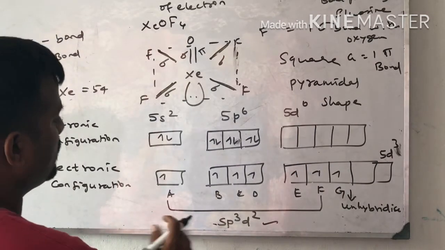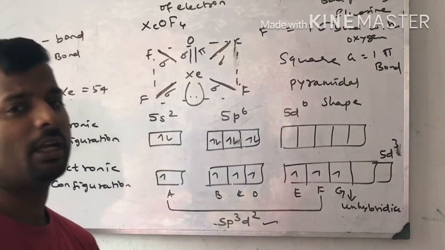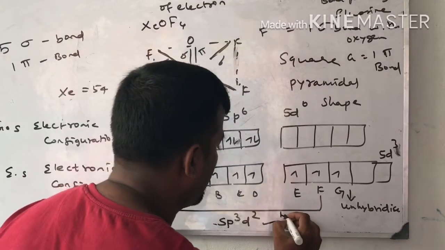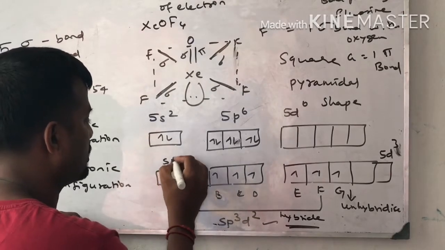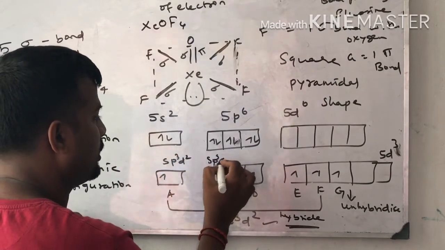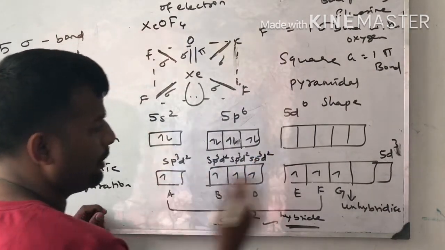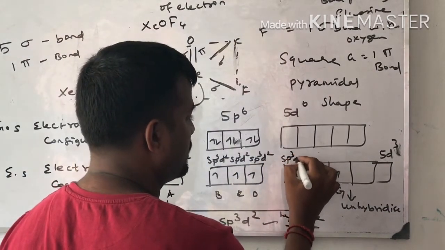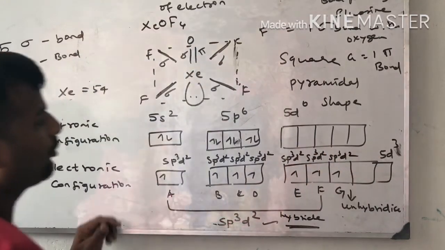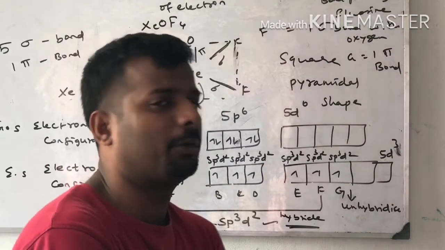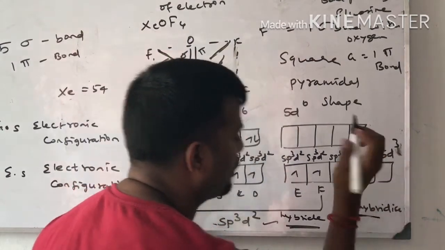Out of this, 1 s orbital, 3 p orbitals and 2 d orbitals are involved in hybridization. These hybrid orbitals are all called sp3d2, because mixing takes place. After that, only one orbital is involved in pi bond contribution with oxygen, and that is called the unhybridized orbital.